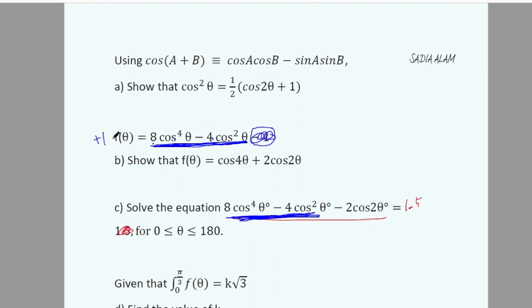So at the left side, you basically have f of theta plus 1, right? This minus 1 should be shifted here. In that case, you have f of theta plus 1. In short, from this given equation, you just need to subject the part that is related to your math. So 8 cos to the power 4 minus 4 cos square theta.